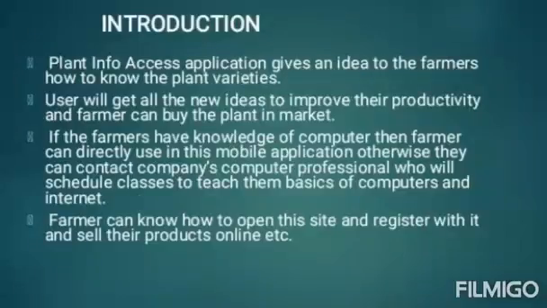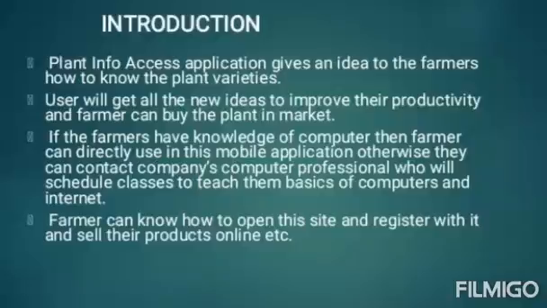Introduction. The Plant Info Access application gives farmers an idea of how to know the plant varieties. Users will get new ideas to improve their productivity, and farmers can buy plants in the market easily. If a farmer has knowledge of computers, then the farmer can directly use this mobile application on their mobile.